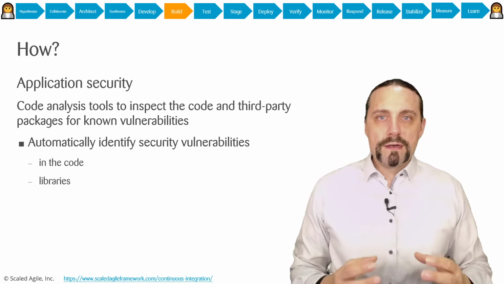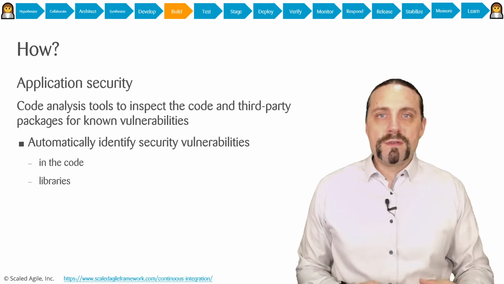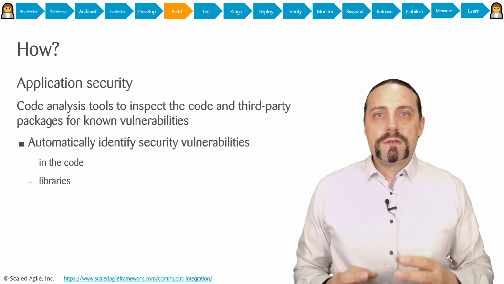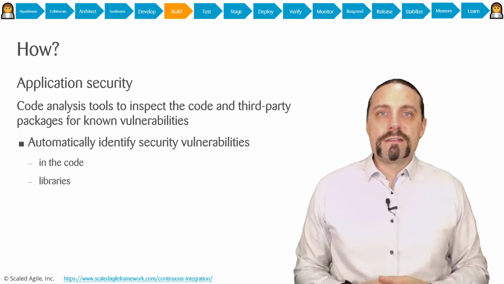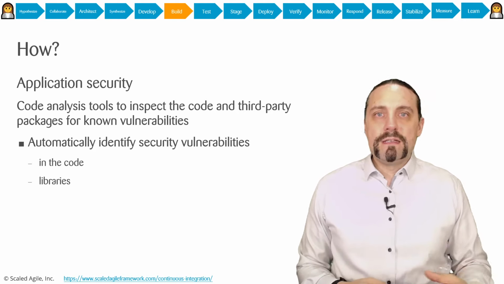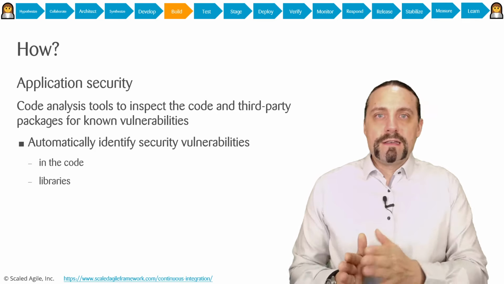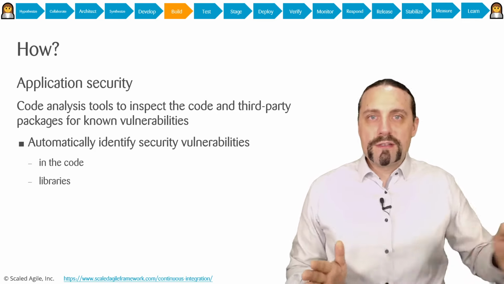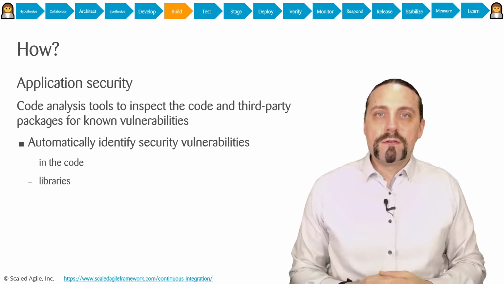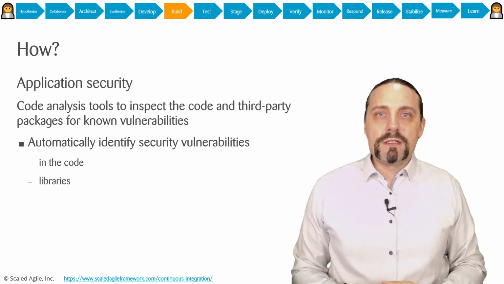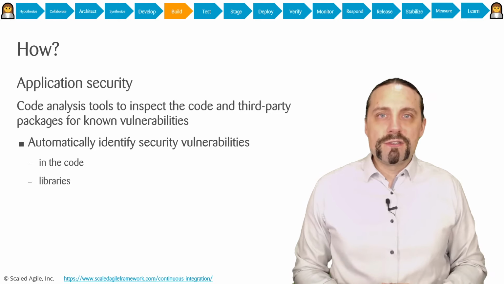But not only our source code needs to be scanned, also the packages or the libraries that we are using need to be scanned. Because what can happen is that in the chain of libraries that we are using, one of the libraries has a security problem. Therefore, we need to check the application security.